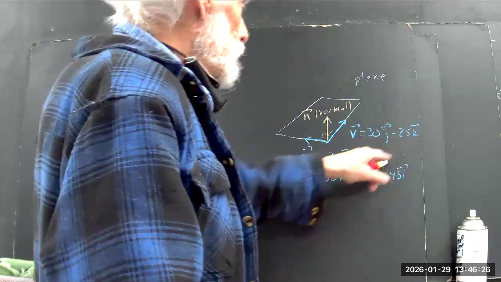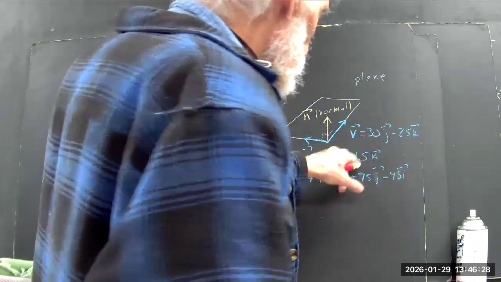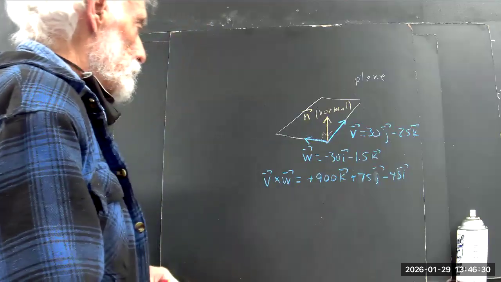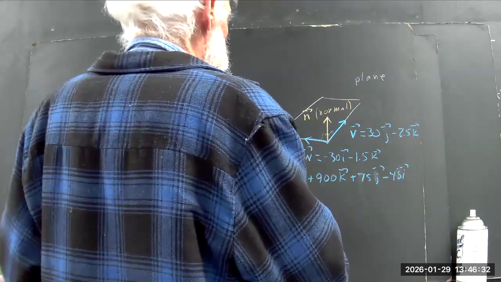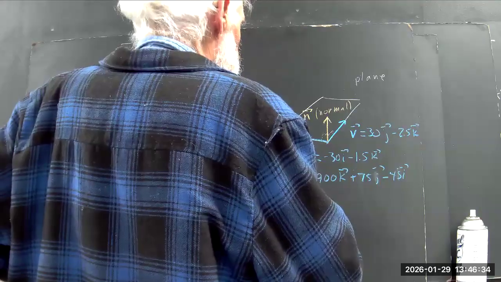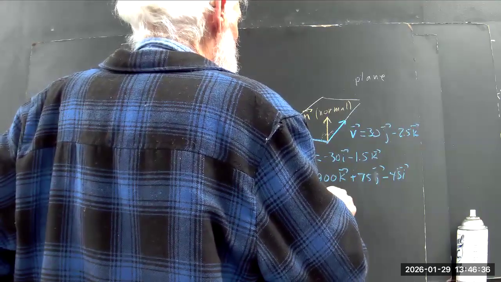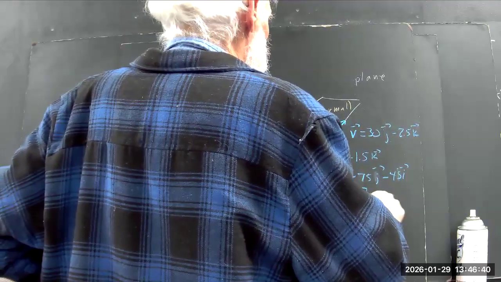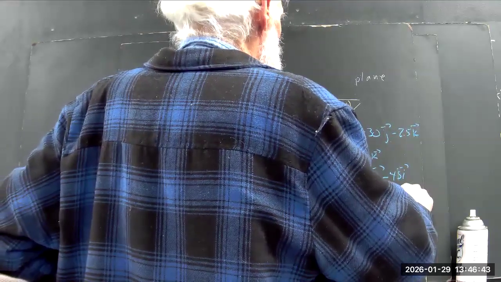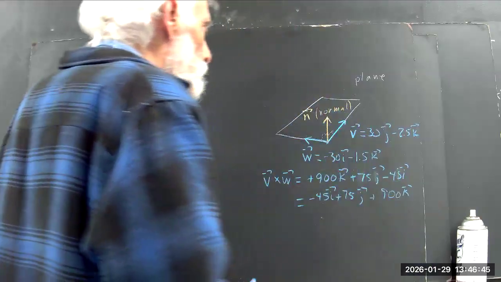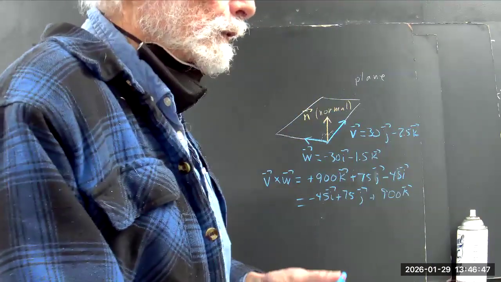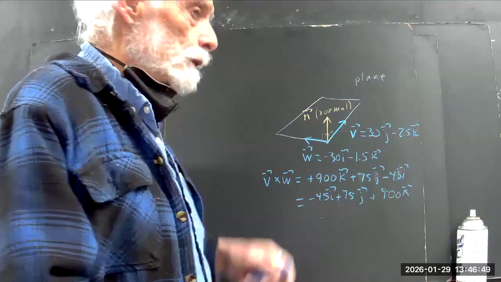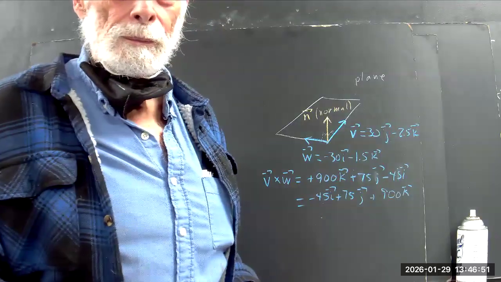And then K cross K is 0, so you get nothing from crossing this with this. I think that's the correct vector. So it's negative 45I plus 75J plus 900K.